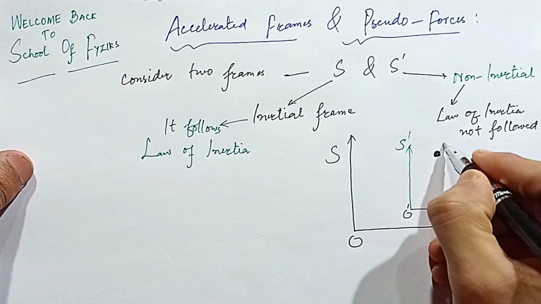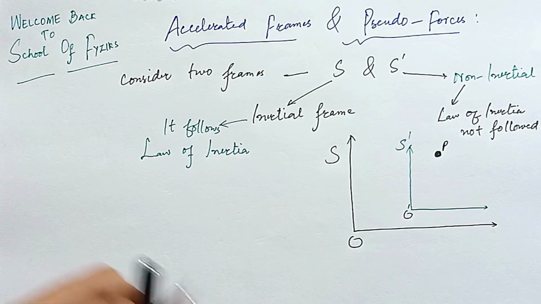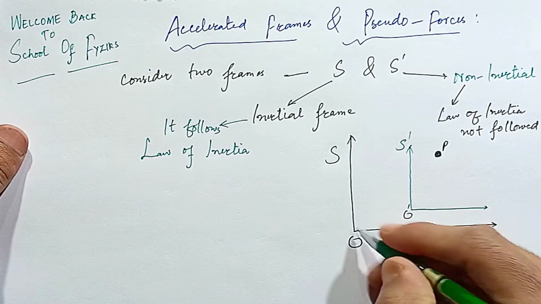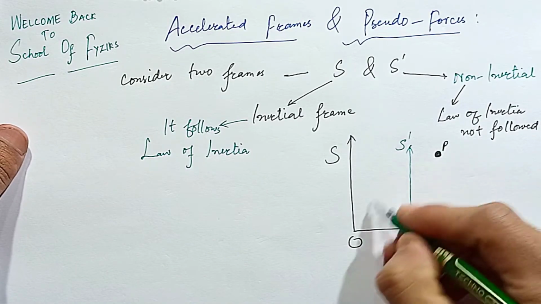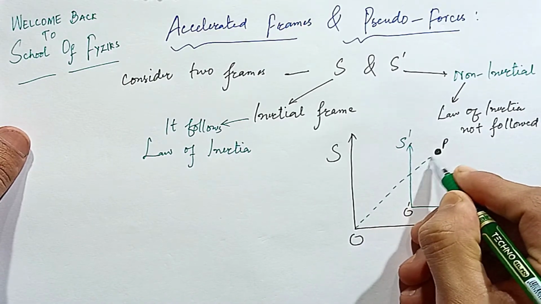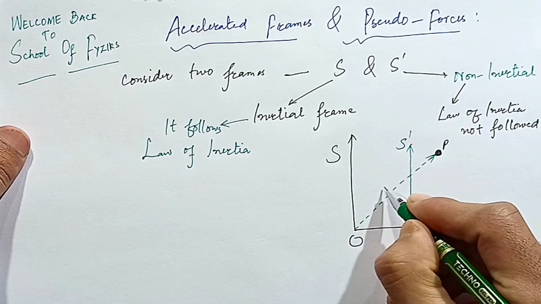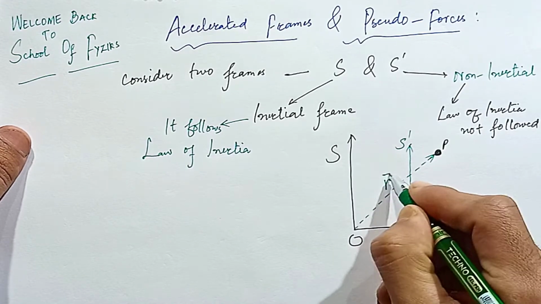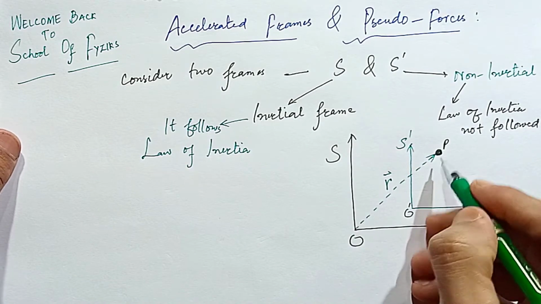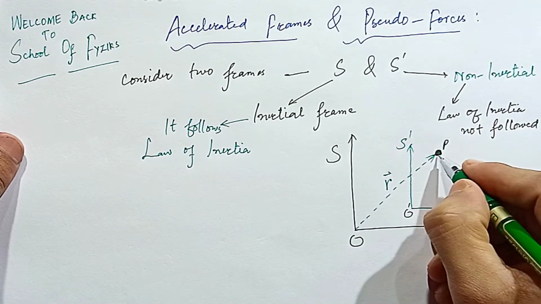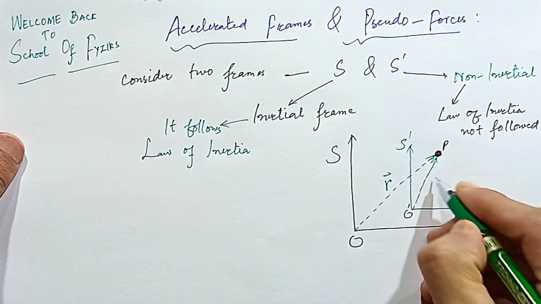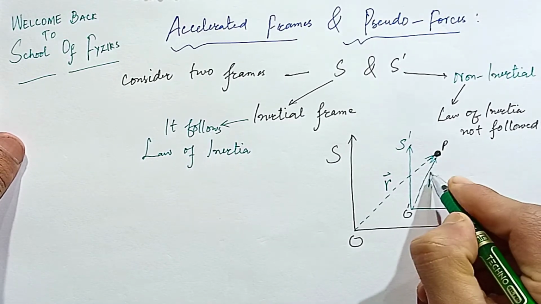Consider some particle P, at a position vector r from the inertial frame of reference. Say this is the position vector r with respect to frame of reference S, and with respect to frame of reference S prime its position vector will be r prime.